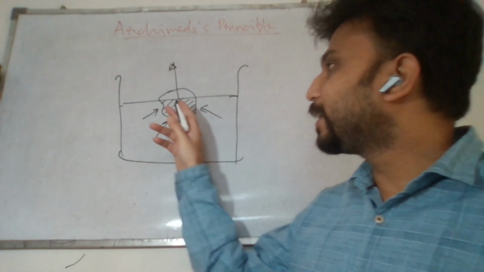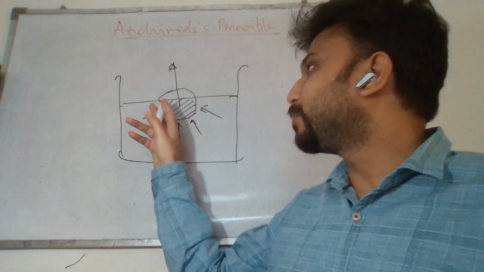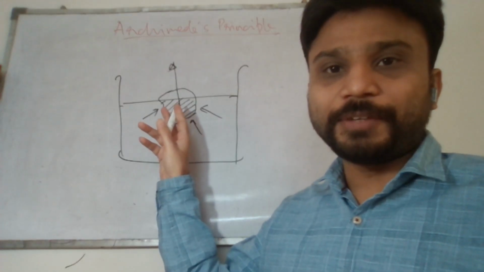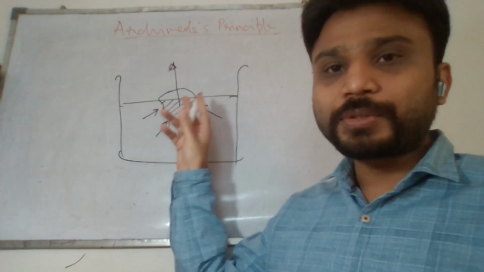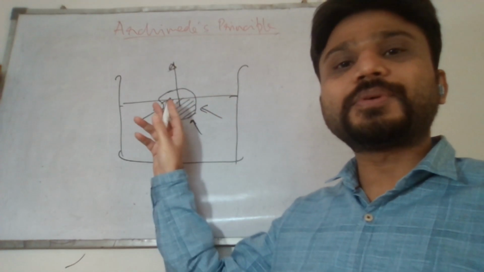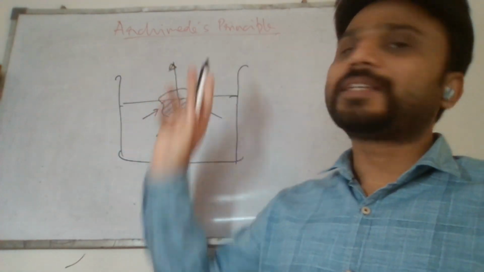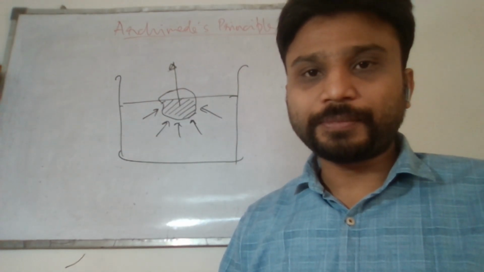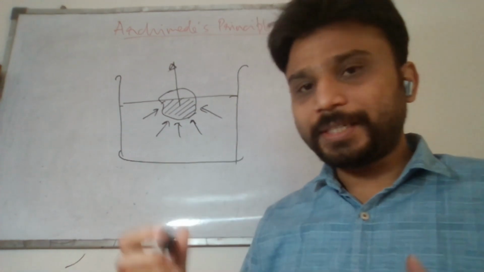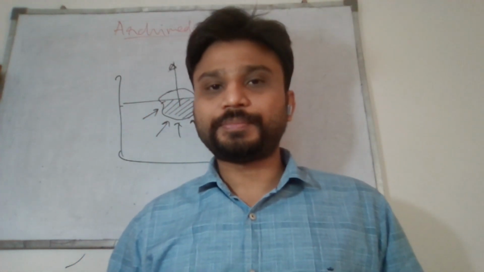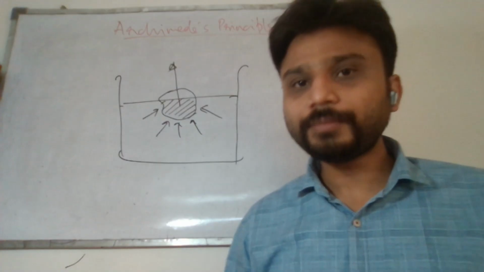It will see that this object is nothing but what I was seeing earlier. It was a liquid earlier. So it will exert that force only on this object in the upward direction. I'll explain that once more so that it is clear.